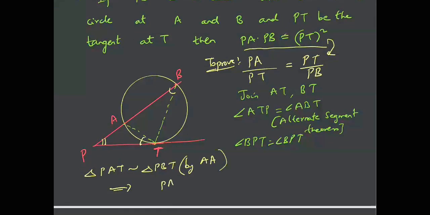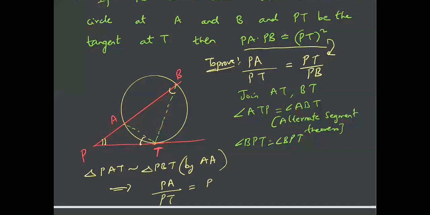So let us write PA. In triangle PAT, opposite to this angle, the side is PA. What is the side opposite to the same angle in this triangle? It is PT. So PA over PT is equal to the side opposite to this angle, which is PT, over the side opposite to this angle, which is PB.